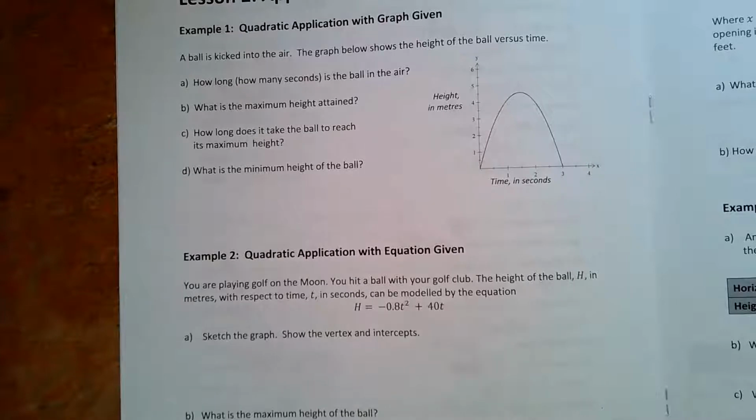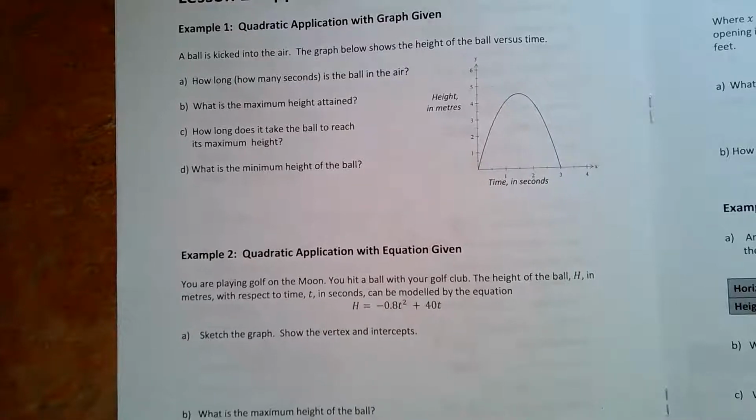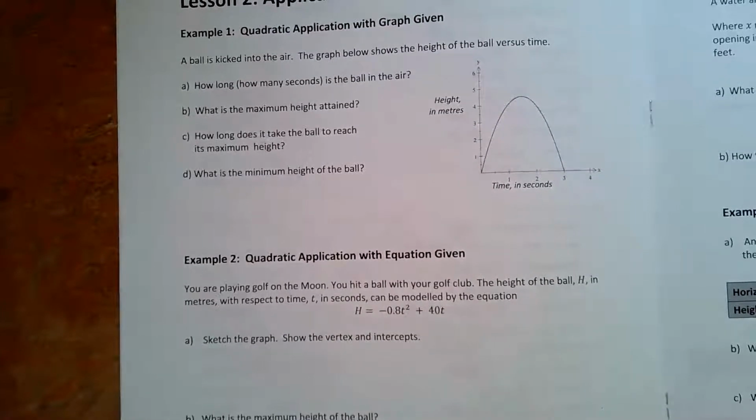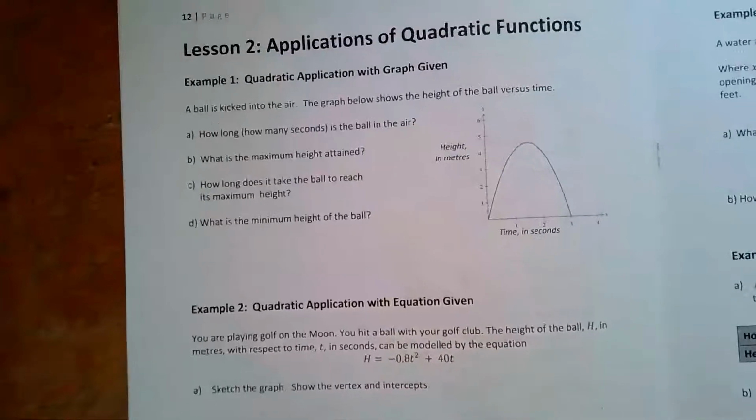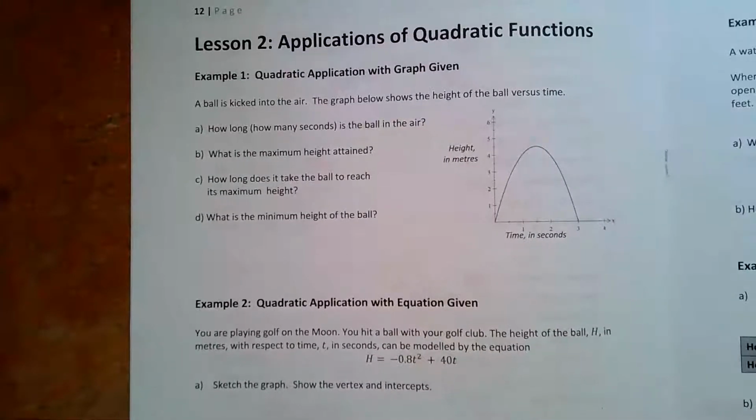I'm going to start the applications. We didn't spend as long exploring quadratic functions as we did linear because all the stuff we learned in linear can be applied and transferred over to quadratics, right? The quadratic was just learning a new shape to look for and a new equation to look for with that squared, or the exponent 2.